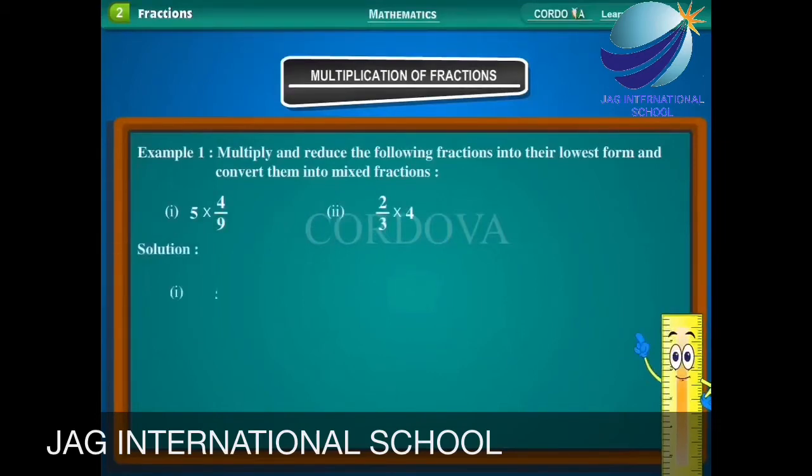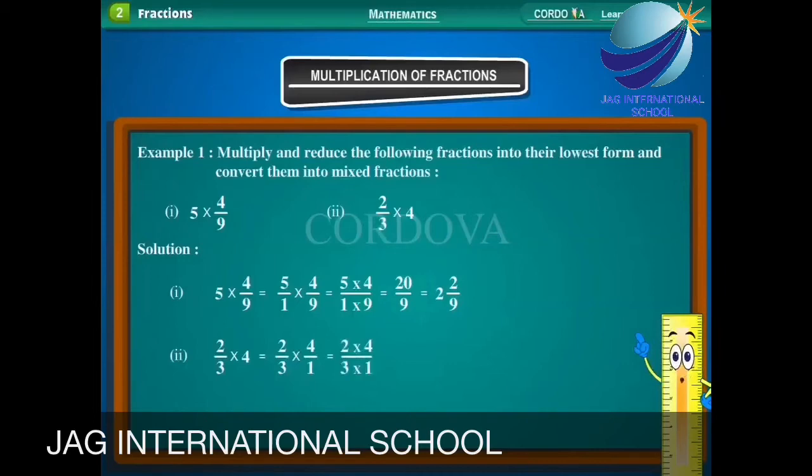Solution. 5 × 4/9 is equal to 5/1 × 4/9, which is equal to (5 × 4)/(1 × 9), which is equal to 20/9, which is equal to 2 and 2/9. 2/3 × 4 is equal to 2/3 × 4/1, which is equal to (2 × 4)/(3 × 1), which is equal to 8/3, which is equal to 2 and 2/3.